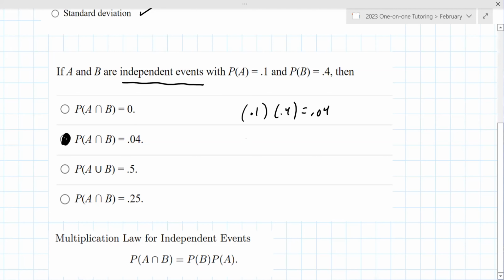So this symbol means intersection, and usually it goes with the word "and." In terms of a Venn diagram, it's the overlap, so they have to both be true.